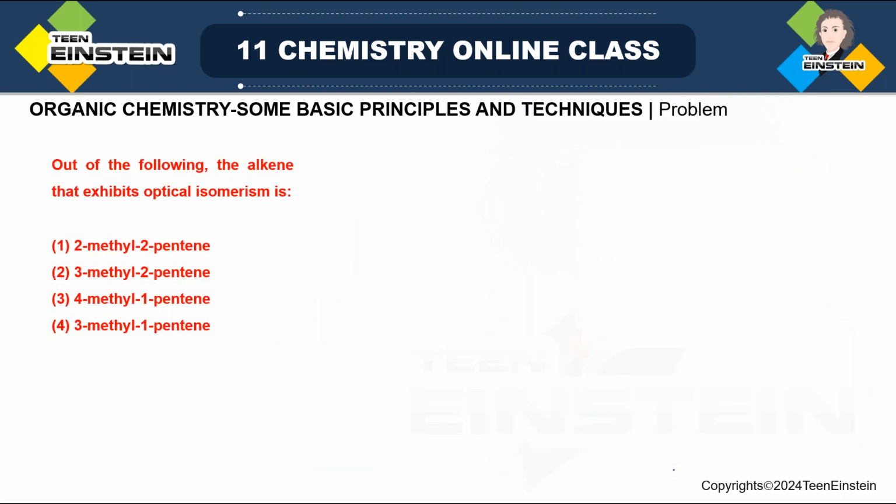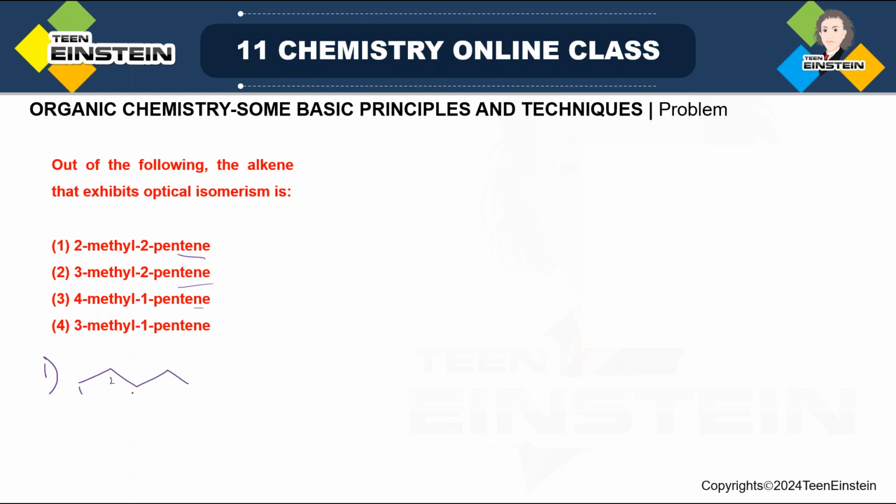Now we will solve this. Out of the following, it is asking for the alkene that exhibits optical isomerism. So all are basically alkenes, isn't it? They end with "ene". We'll draw the structures of these one by one. Number 1 is 2-methyl-2-pentene.